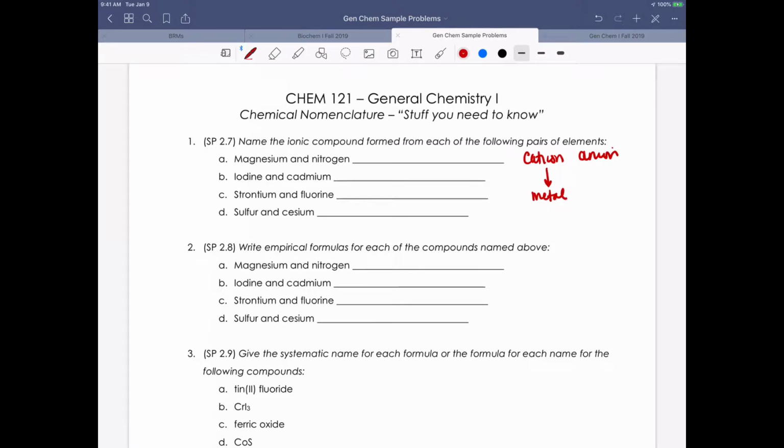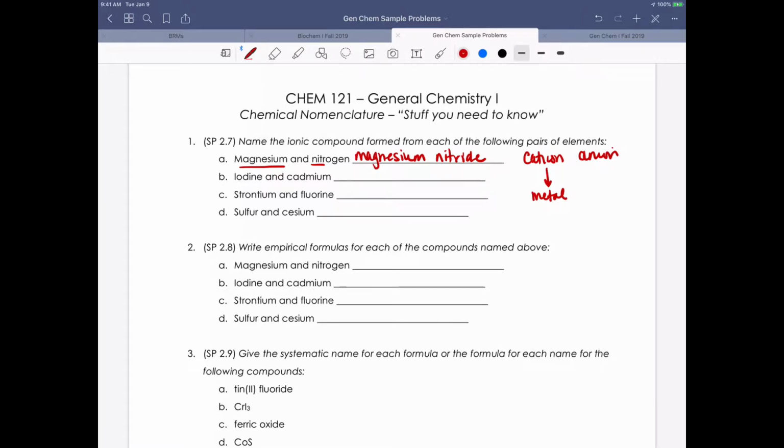So in our first situation, magnesium is our metal, so that's going to retain its name. And nitrogen becomes our anion. So we take the prefix, which is NITR, and then we add the suffix IDE. So that's how we would name this ionic compound between magnesium and nitrogen: magnesium nitride.